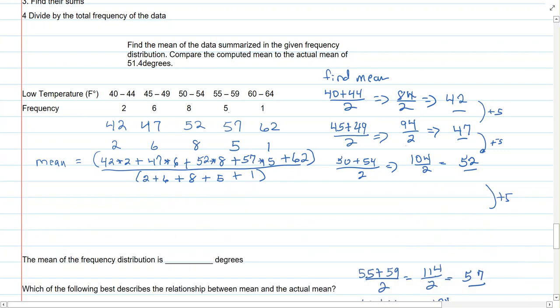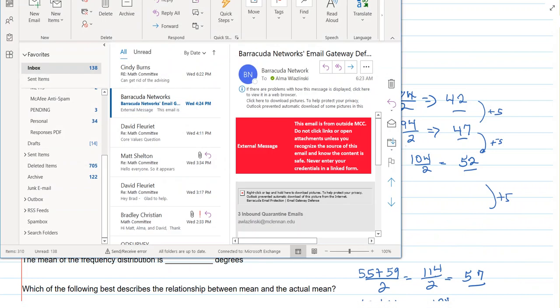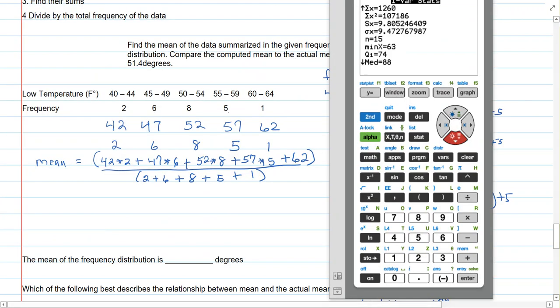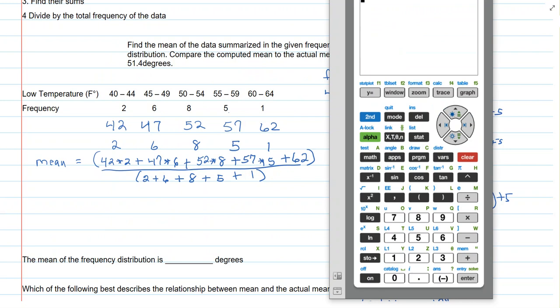When I do the math on this, I'm going to use my calculator. Okay, now that I have the calculator, sorry for the pause, I clear up my home screen. And I notice I put parentheses.